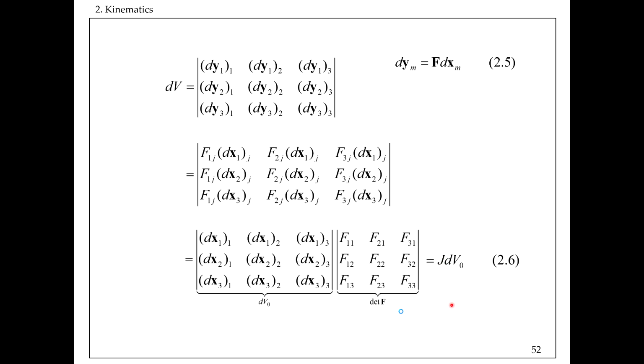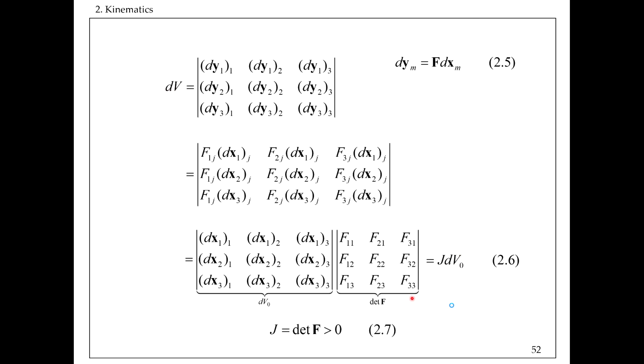So the determinant of deformation gradient f, we will call it j, and it appears that j relates the volume in the deformed and undeformed configuration. This is the volumetric change ratio. J represents how much the volume has changed. We can just divide dv by dv0, and that will give us exactly j.